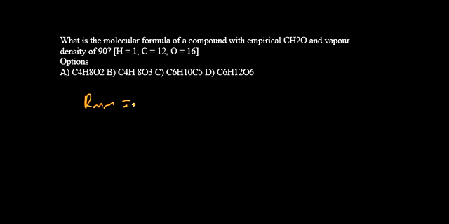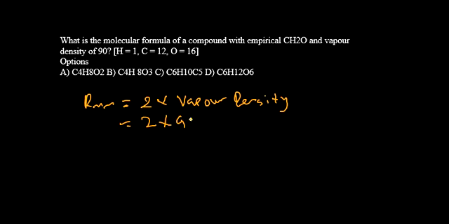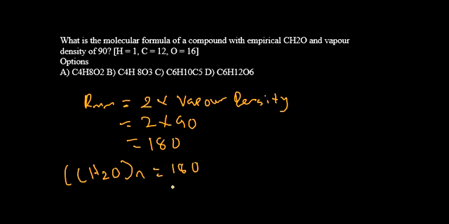RMM is equal to 2 times vapor density. What is our vapor density? Our vapor density is 90, so that will be equal to 2 times 90. Our RMM is equal to 180. Now using the same principle, (CH2O)N is equal to 180.